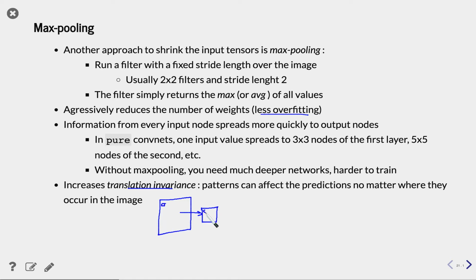That means that it doesn't really matter where the object is in the image. It will still be recognized anywhere in the output, right? While in this case, this image will only be affected here and not there. That's translation invariance. And max pooling is very important to ensure this.